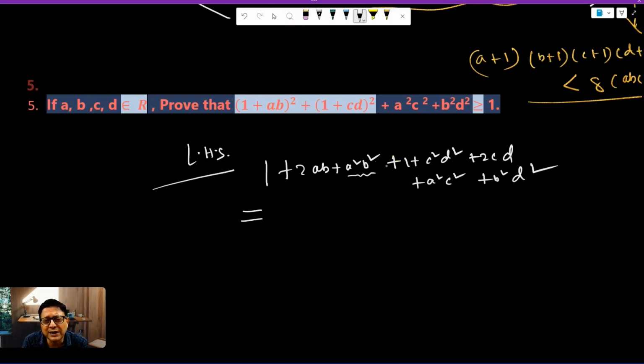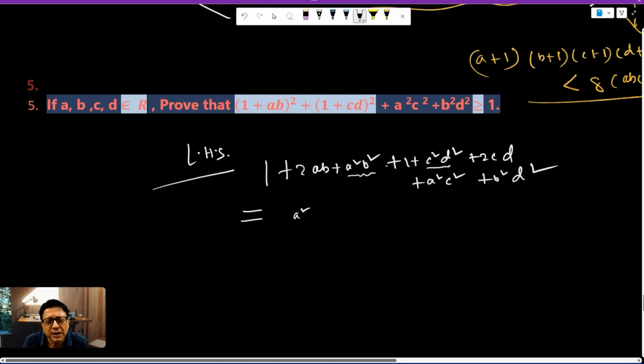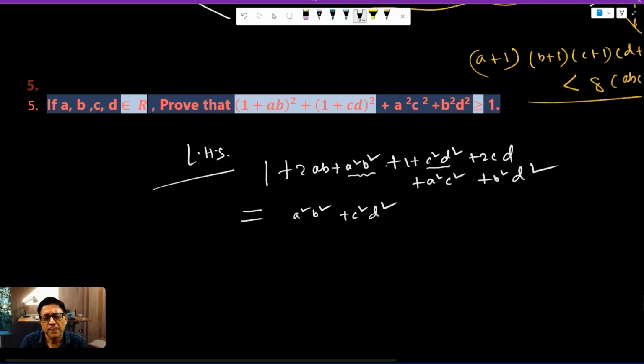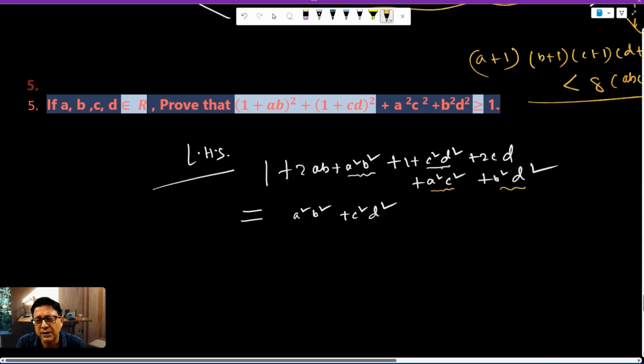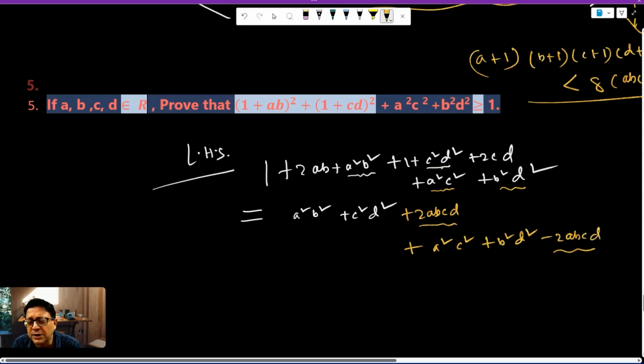So we go for grouping. a^2b^2, c^2d^2, and then these two you separate. Achha, there is another way, just a class 9-10 concept here. If I add 2abcd here, then I can get, I am adding 2abcd, subtracting 2abcd.